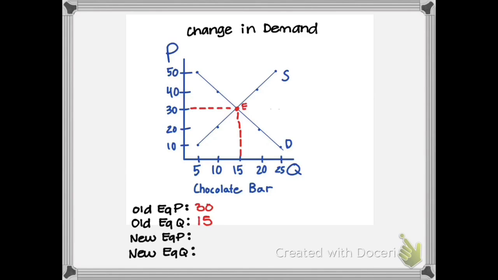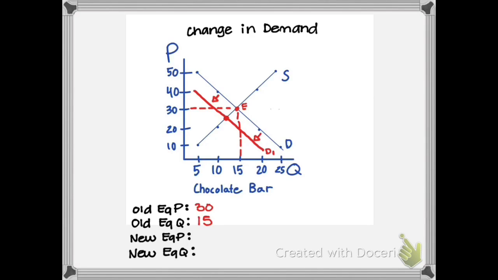A fad of eating chocolate bars ends, therefore the demand decreases. After the decrease in demand, there is a new equilibrium point right here. So I'm going to be doing the same thing to find the new equilibrium price and quantity.